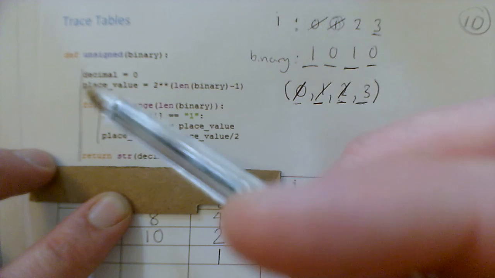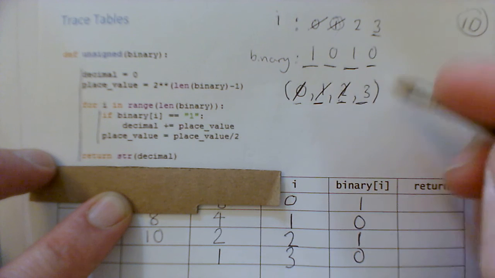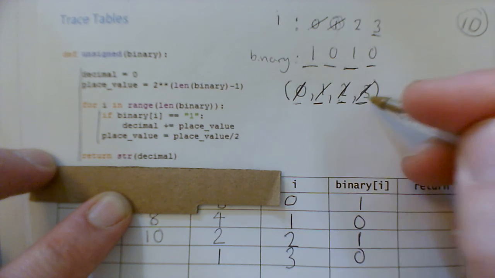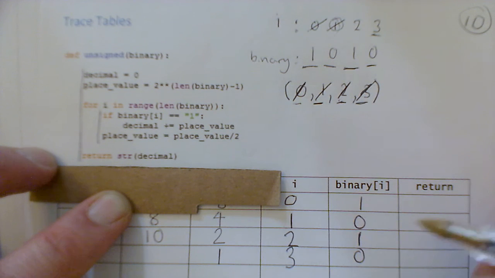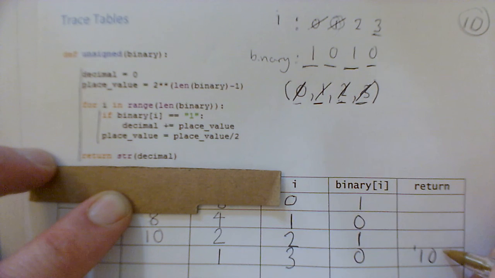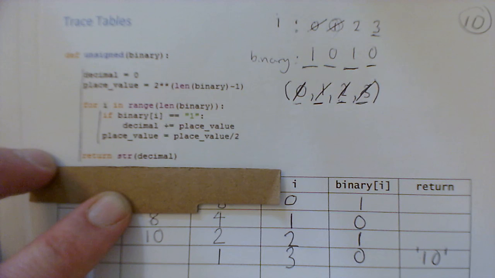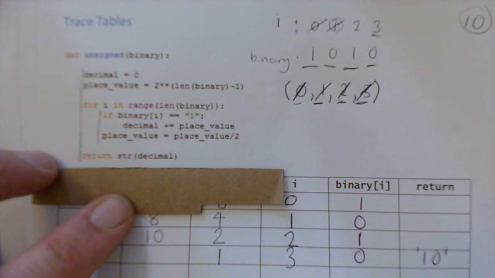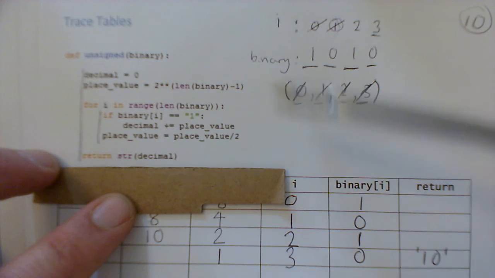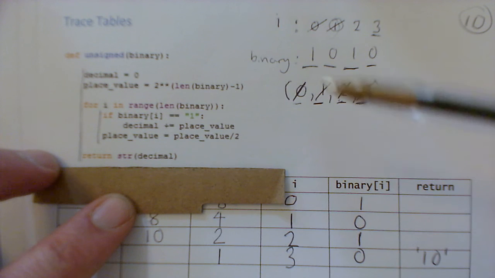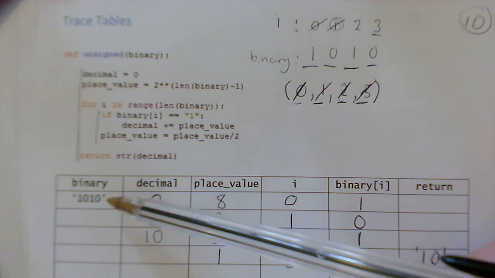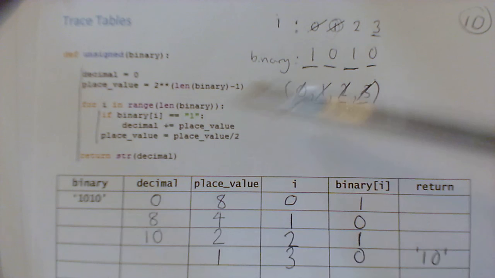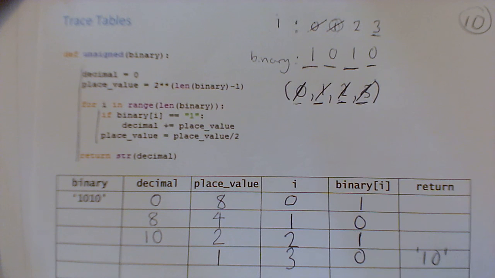And now because I have finished my definite iteration, I've been through all of these, then I move on to the next line and I return the string of decimal. So the return value would be that, which is what I expected. So my trace table works, or my algorithm works, being proved by a trace table for this input. What I'd probably want to do is test it for another couple more inputs before I can definitively prove that it works.